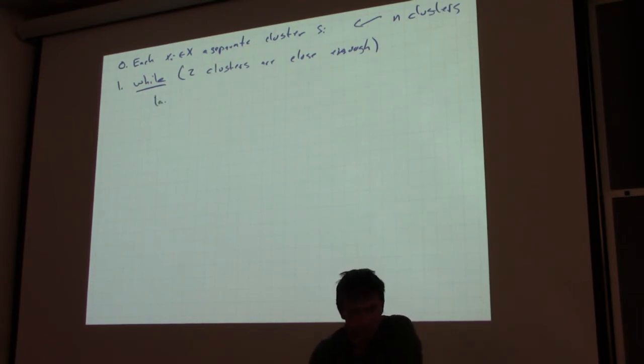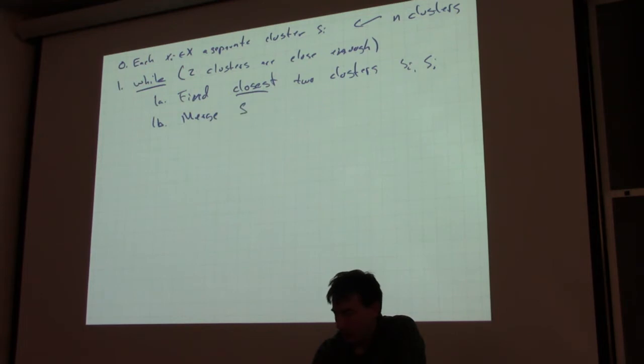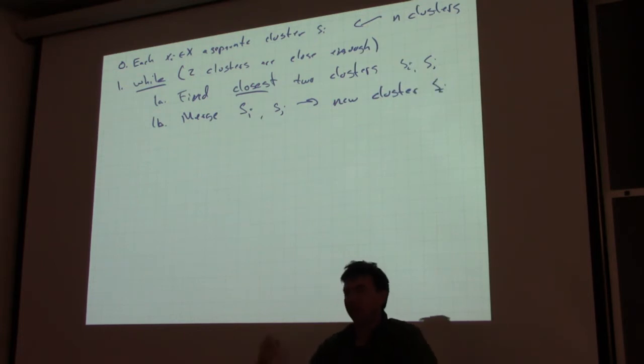I'm going to find the closest pair of clusters Si and Sj, and then 1b, I'm going to merge clusters Si and Sj into a new cluster, and let's just call this Si again.